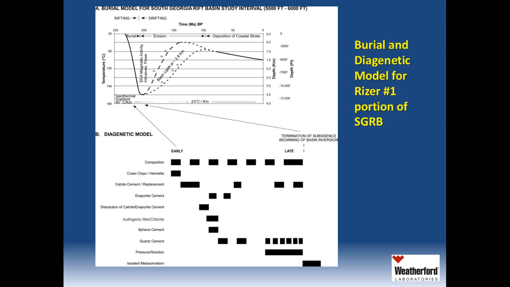So our diagenetic model, of course, has compaction all the way through, at least until the inversion, so up to 200 million years ago. First thing that happened probably were clays. I didn't describe those. Early calcite cement, then also other generations of calcite cement. Some evaporite cement.